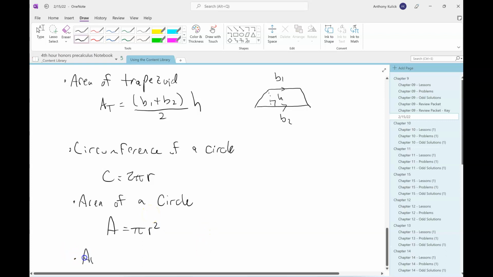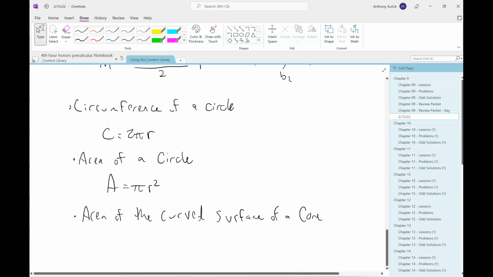How about the area of the curved surface of a cone? So think about you're holding an ice cream cone or whatever. The circle part, even though that's a round shape, is a flat surface, but the whole part you'd hold in your hand is all curved, right?